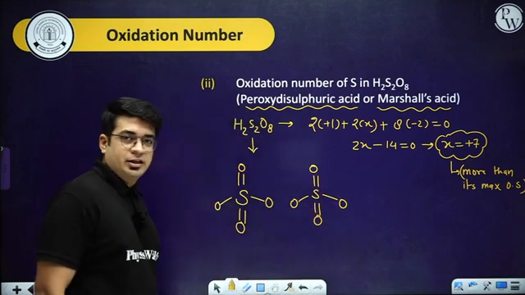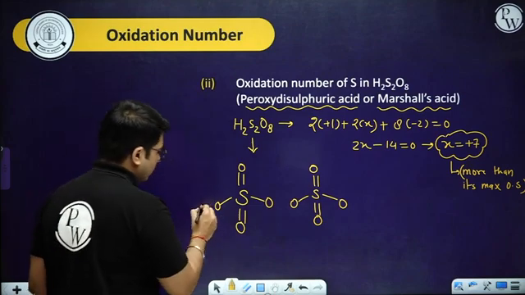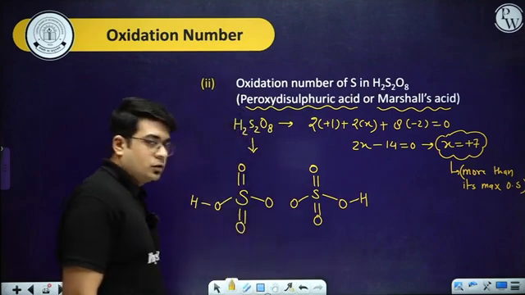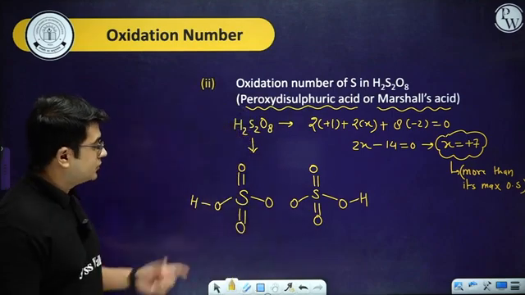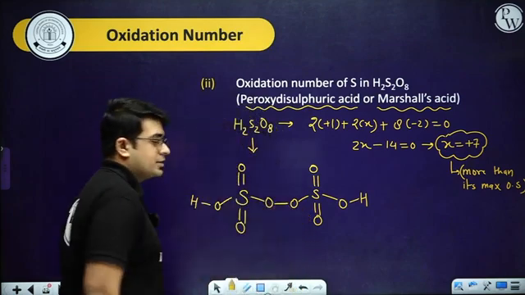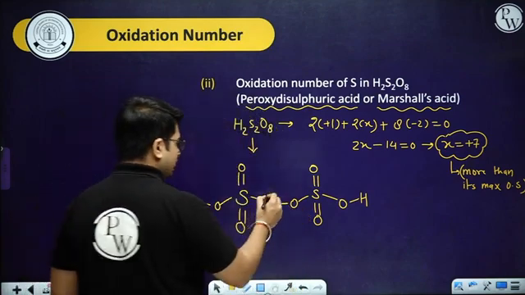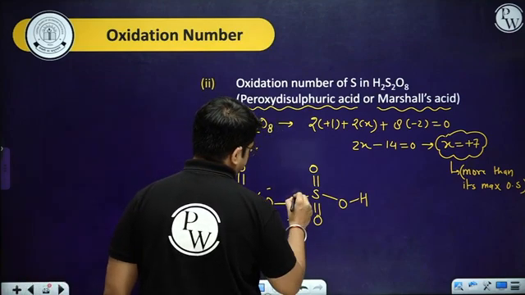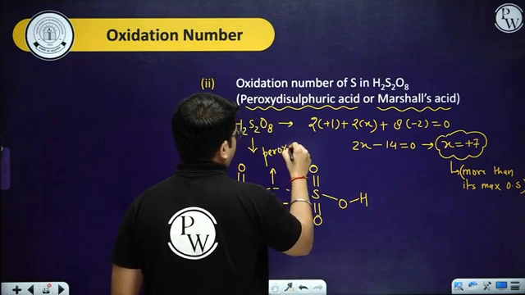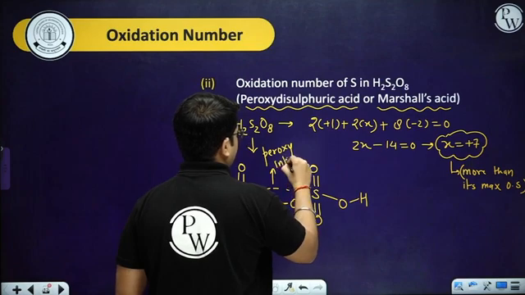I have connected each and every part. Two hydrogens are there, so one hydrogen will be there, one hydrogen will be there. There is one connection left, so I have to connect these two parts so that every valency will be completed. Now you can see this entire linkage will be the peroxy linkage.